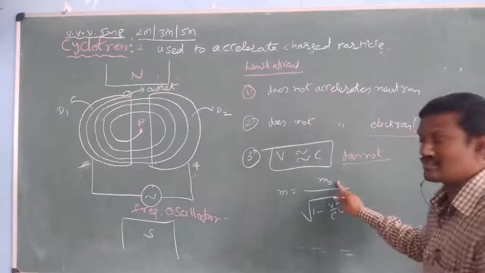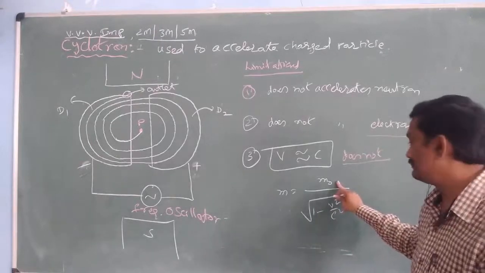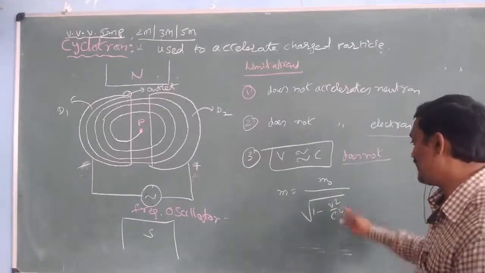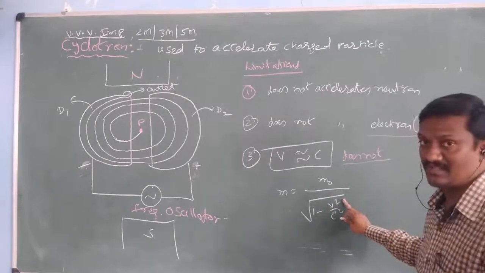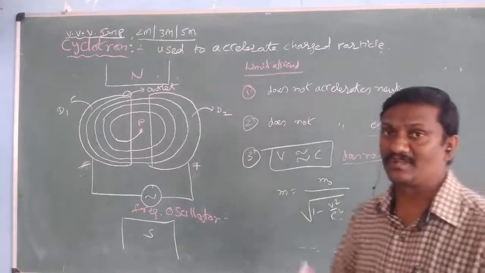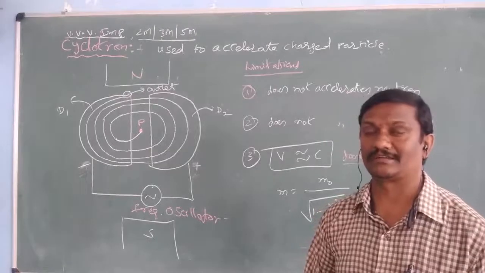Here m0 is the rest mass of the charged particle and v is the speed of the particle. When the speed is comparable to the speed of light, the mass increases, and that is not possible here.